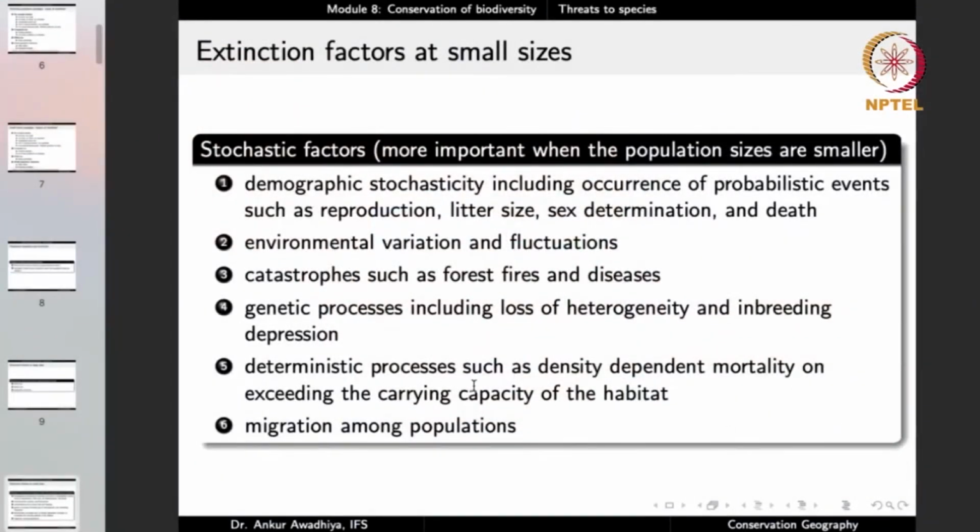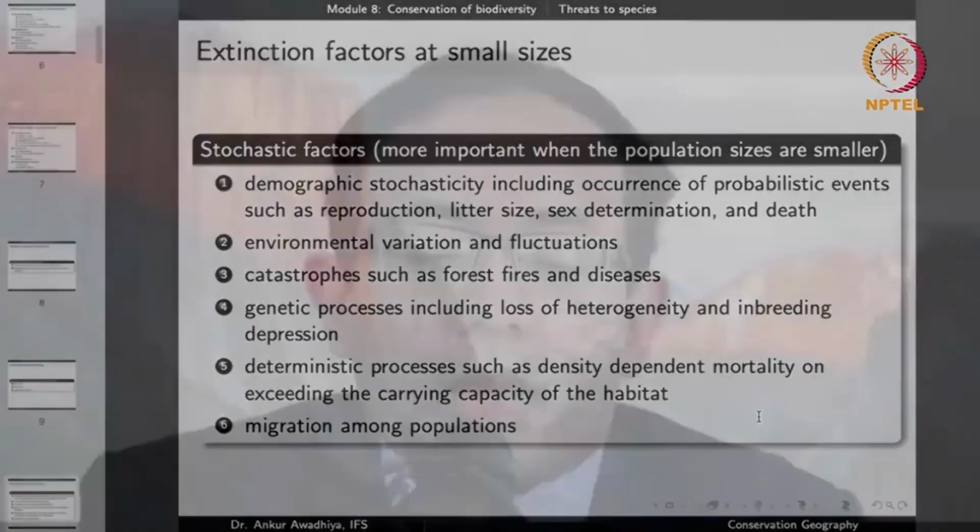Then we have deterministic processes such as density dependent mortality on exceeding the carrying capacity of the habitat. When population sizes are very large, there is density dependent mortality, because once you have a high density, diseases can spread very quickly among the population.